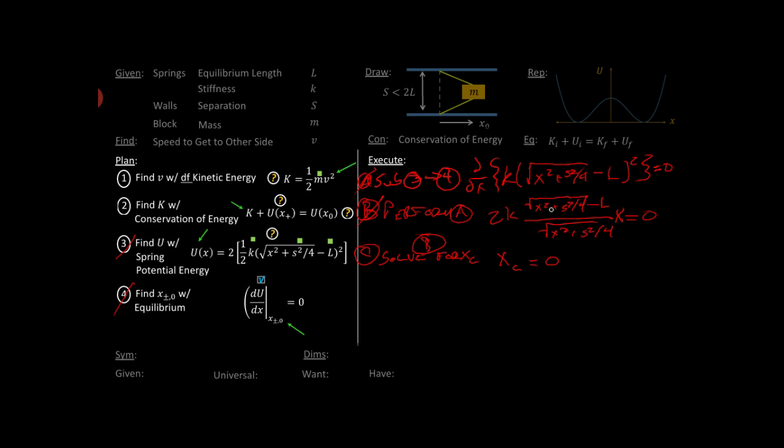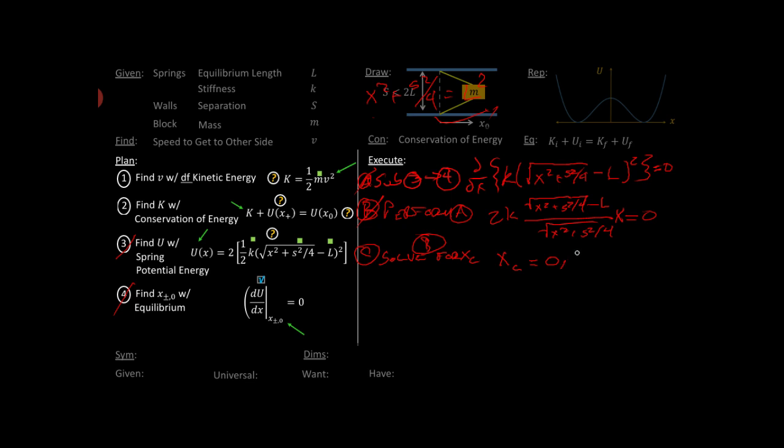x squared is equal to L squared minus S squared over 4. So that's plus or minus, right? So we have x squared plus S squared over 4 equals L squared. So we want to solve for this, so we just have to subtract the S squared over 4 from both sides.